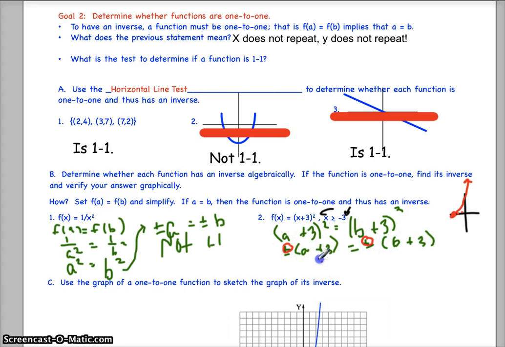So now I have positive A plus 3 equals positive B plus 3. To continue solving, we would subtract 3 from both sides, and we have A equals B. Remember what we said. If A equals B, then the function is one-to-one.